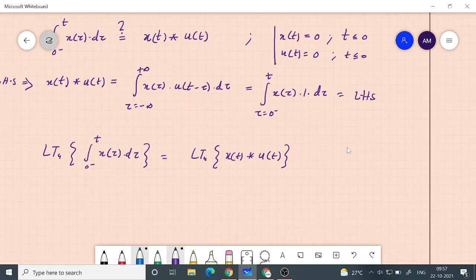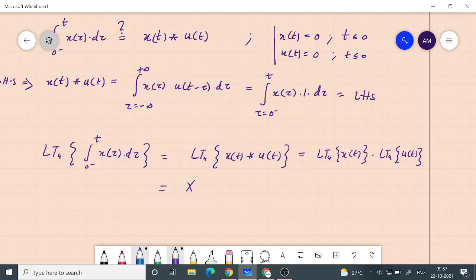Now we derived a formula that if this is the case, then you can write it as Laplace transform of x of t into, now it is a product, Laplace transform of u of t. So if you know the individual Laplace transforms, then you take the product of them, and that will give you the result. So now what is the Laplace transform of x of t?